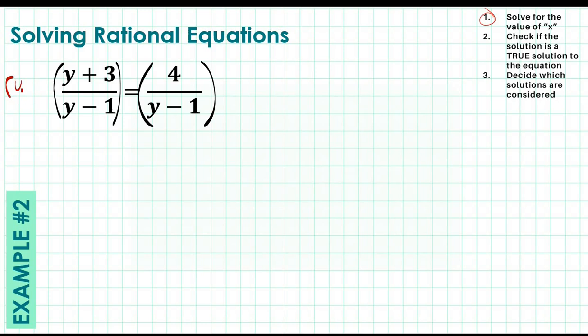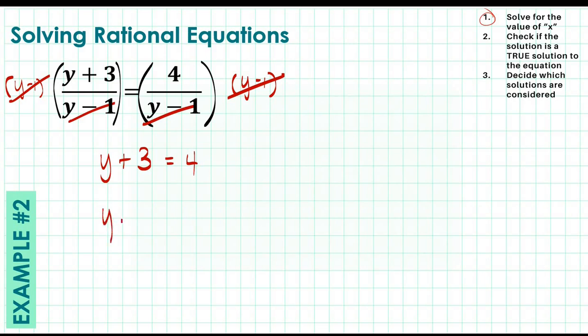That gives us y minus 1 multiplied by y plus 3 over y minus 1 equal to 4 over y minus 1 multiplied by y minus 1. After this, the denominators will be cancelled. Then this is an easy part already. What's left is y plus 3 on the left-hand side of the equation, and that is equated to 4.